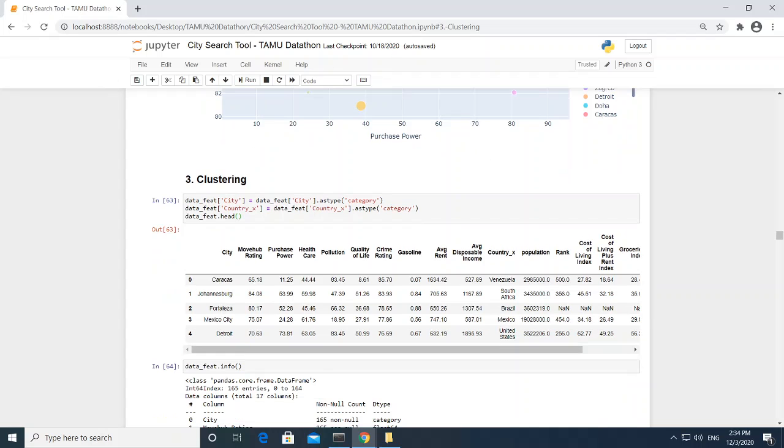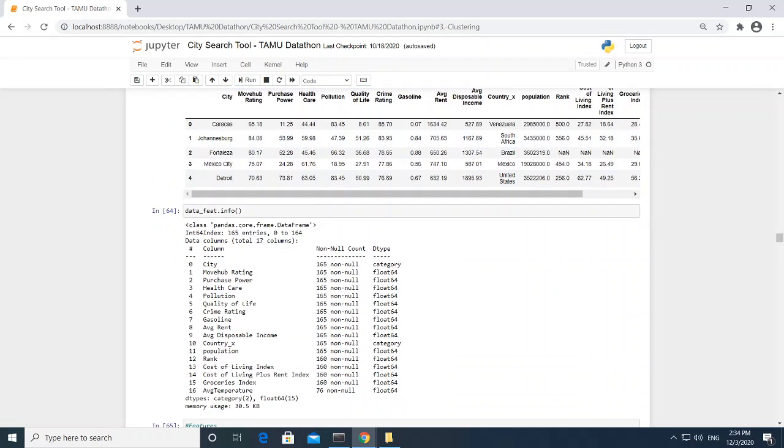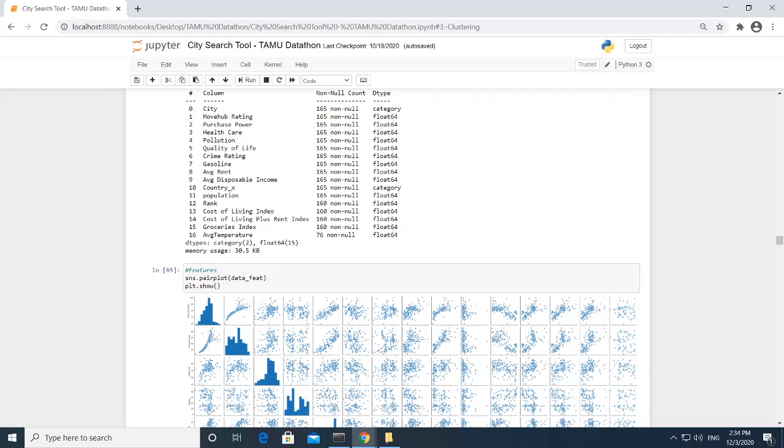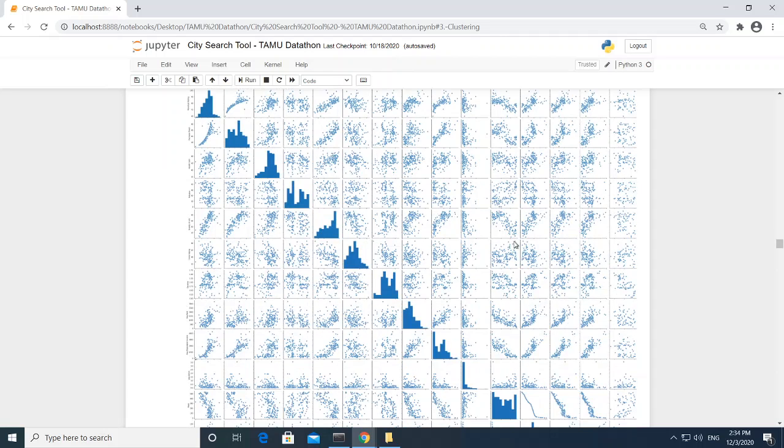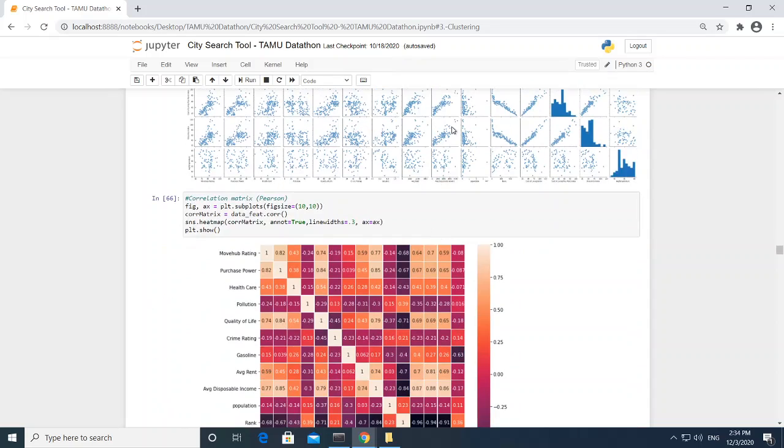Here we did some preprocessing in terms of understanding what was categorical and what was numerical, and to observe all of our features and predictors. And here I plotted all of the features to try to observe if there was any correlation between them, to understand if there was any multicollinearity.